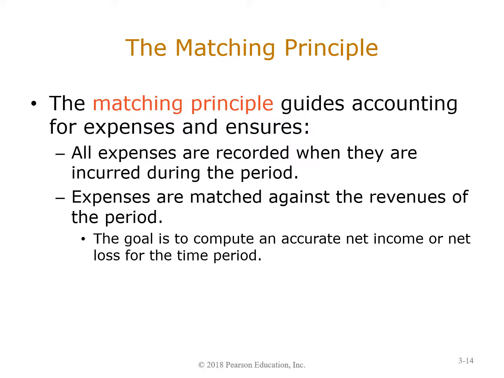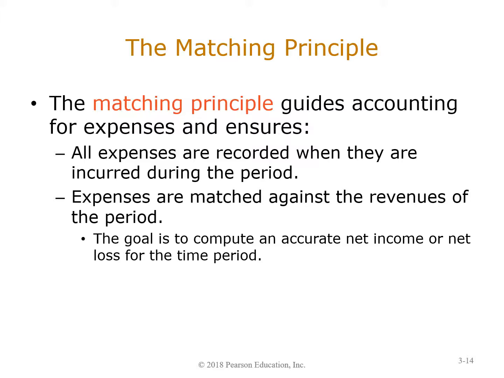Let's say in the second month you sold a car. At that point, you expense the cost of that car to you. When you make the sale, you expense it. Now you have matched the expense of the car in the same period with the sale of the car.